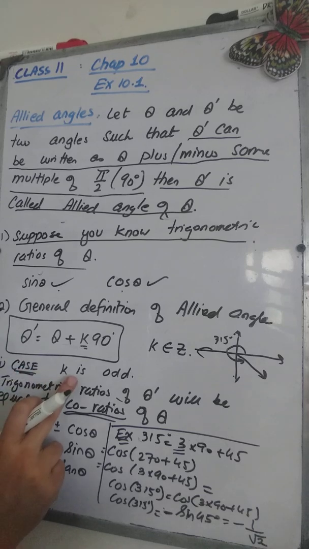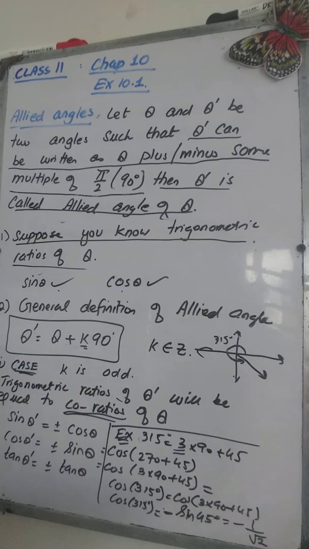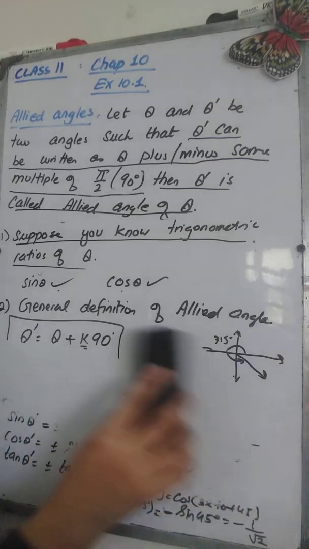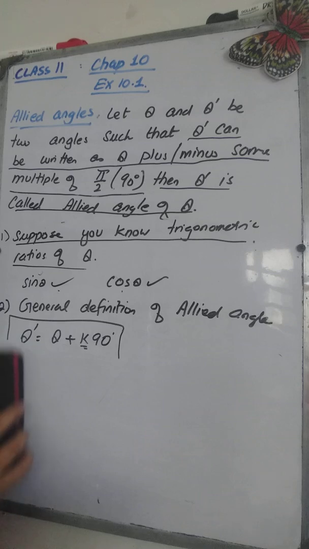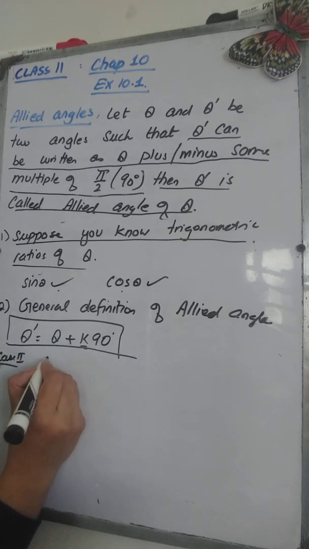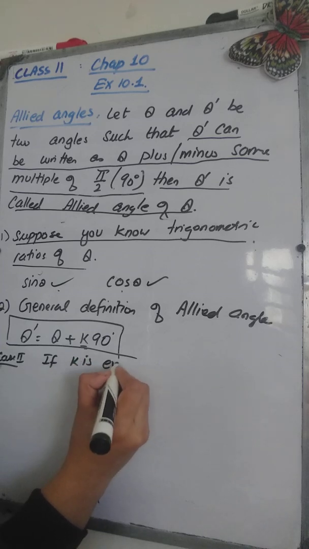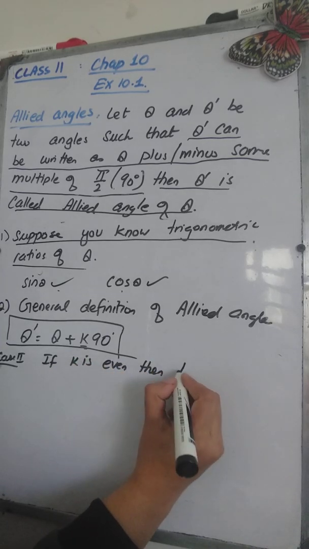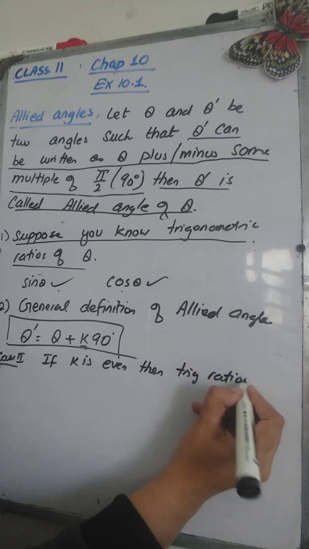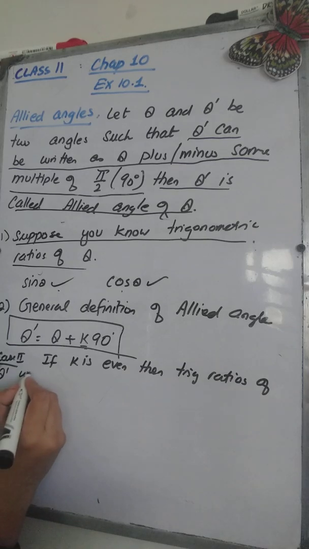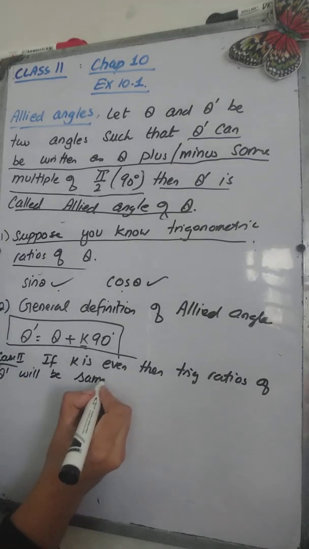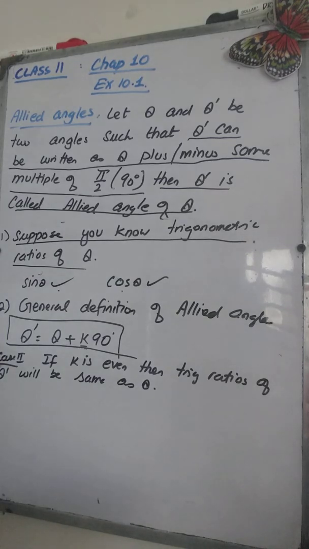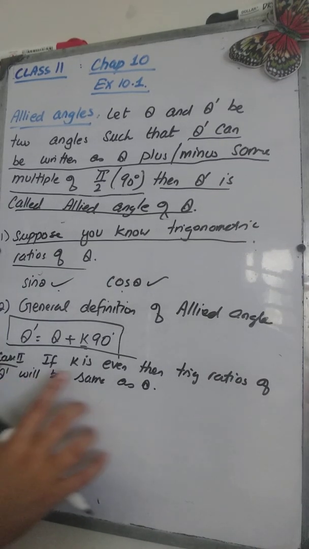Now the second case is when k is even. Case 2: if k is even, then the trigonometric ratios of theta dash will be the same as theta, except for the signs.